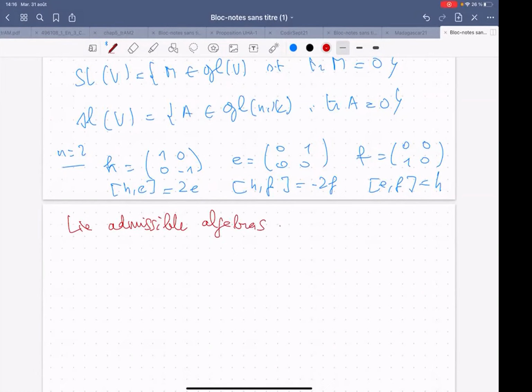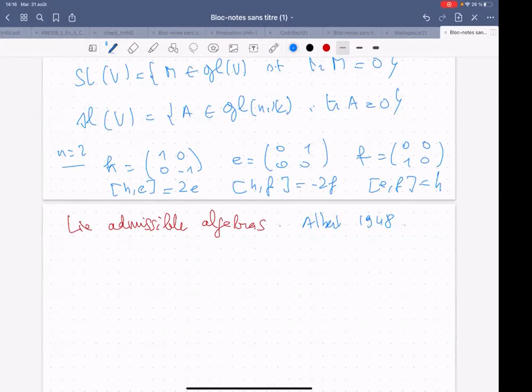They were introduced and studied by Albert in 1948. And this type of algebra seems also important in physics.